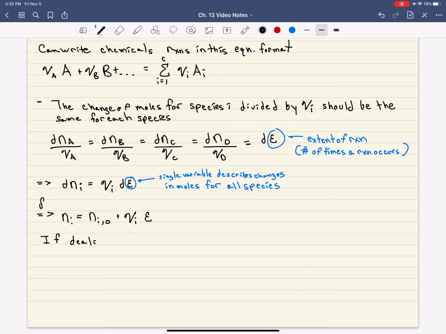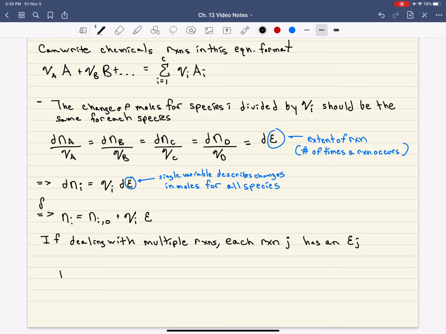And so if you're dealing with multiple reactions, then each reaction j is going to have its own extent of reaction, so its own epsilon sub j.